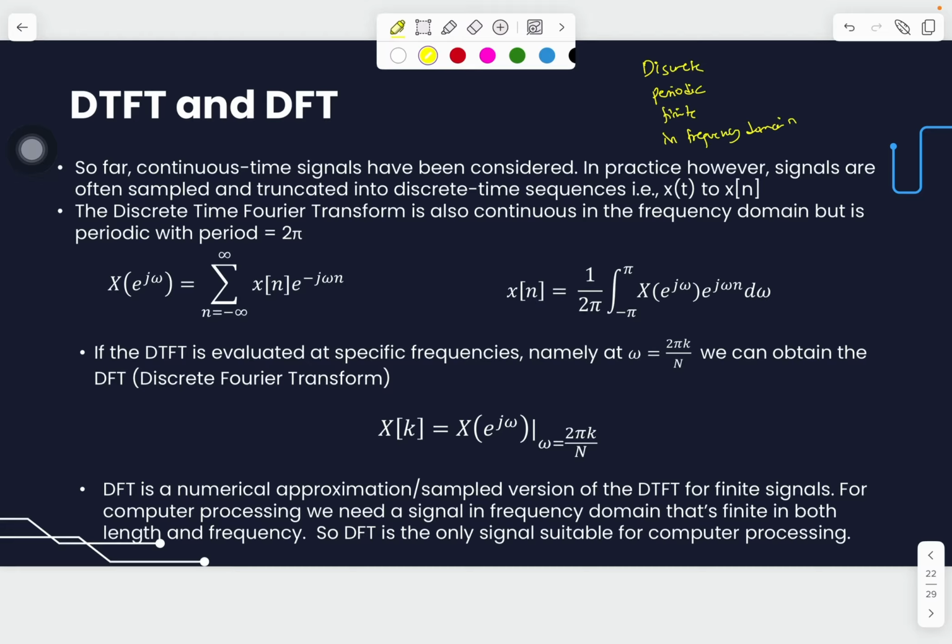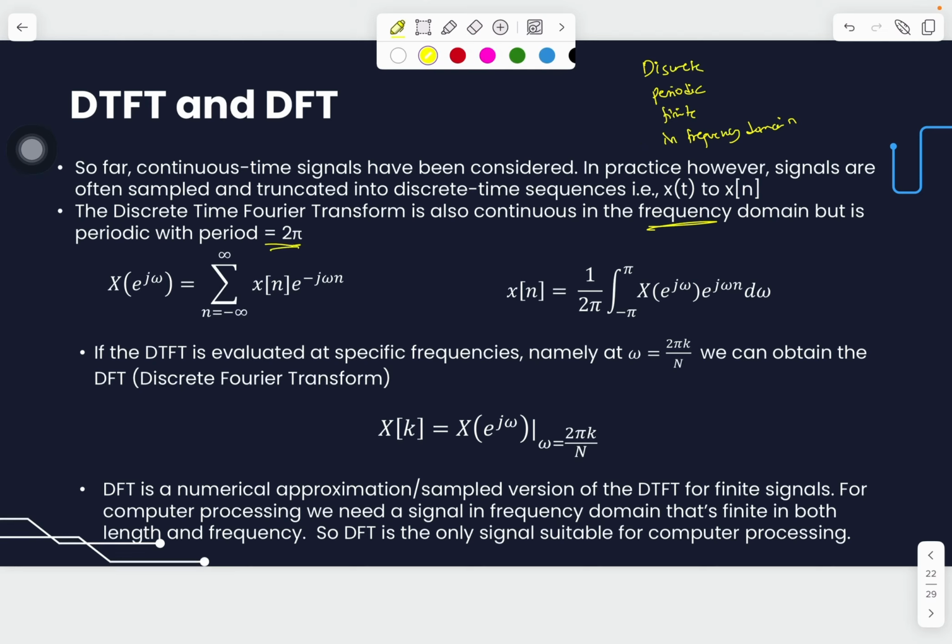So we use the DTFT and DFT to achieve this. The DTFT, just like the continuous time Fourier transform, is also continuous in the frequency domain and periodic with a period of 2 pi.